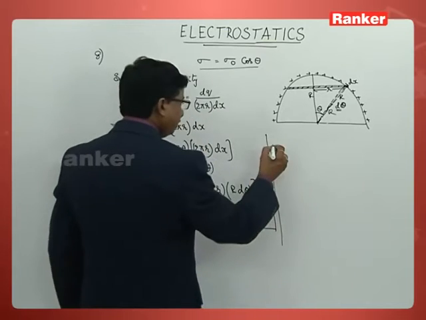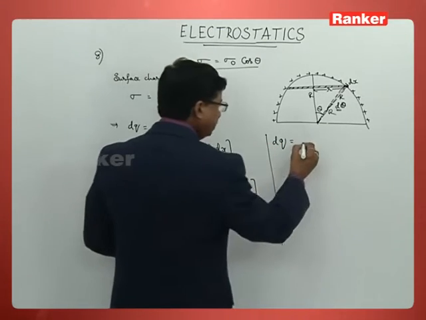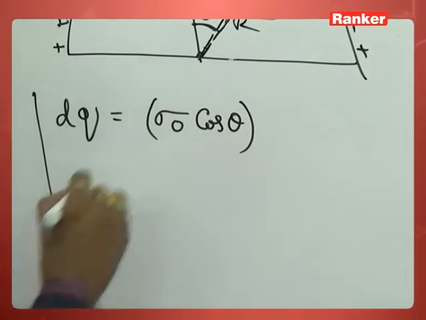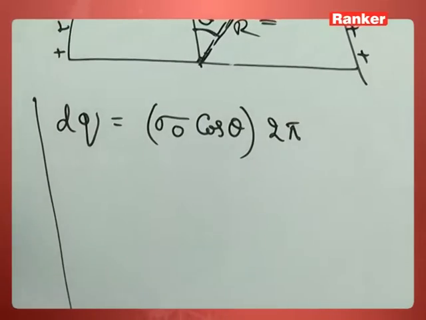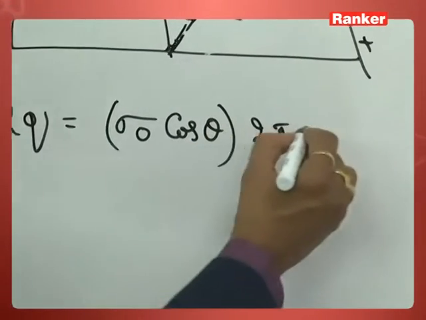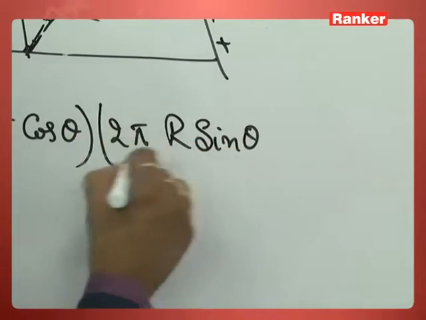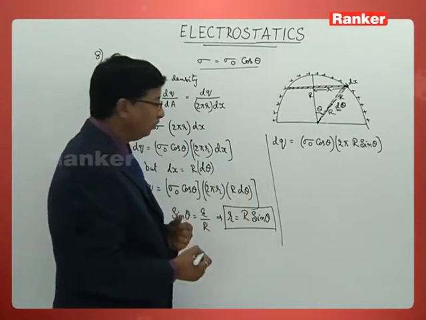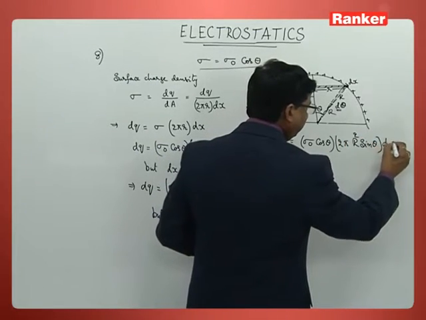You see now, dq is equal to sigma naught cos theta into 2 pi into small r. What is that small r? R sin theta. So 2 pi R sin theta into what next do we have? R d theta we have. That is R into R square d theta.